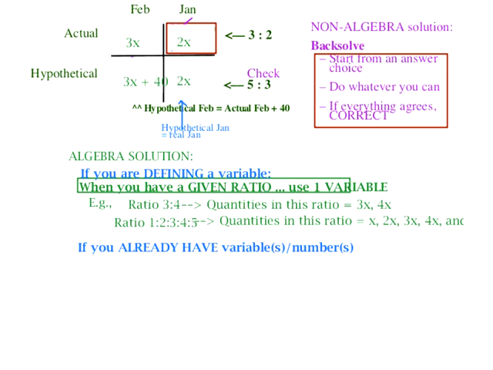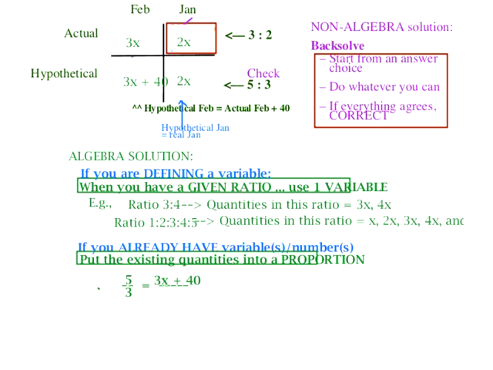We have 3x plus 40 and we have 2x. So then put the existing quantities into a proportion, where you make one fraction equal to another fraction. So in this case, the existing ratio is 5 to 3. And then that is going to be the proportion of these two quantities. So this is going to be 3x plus 40 on top, and 2x on the bottom.